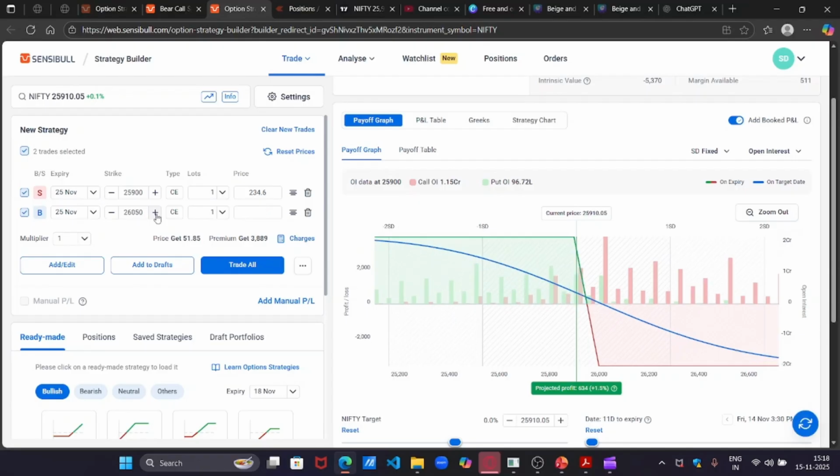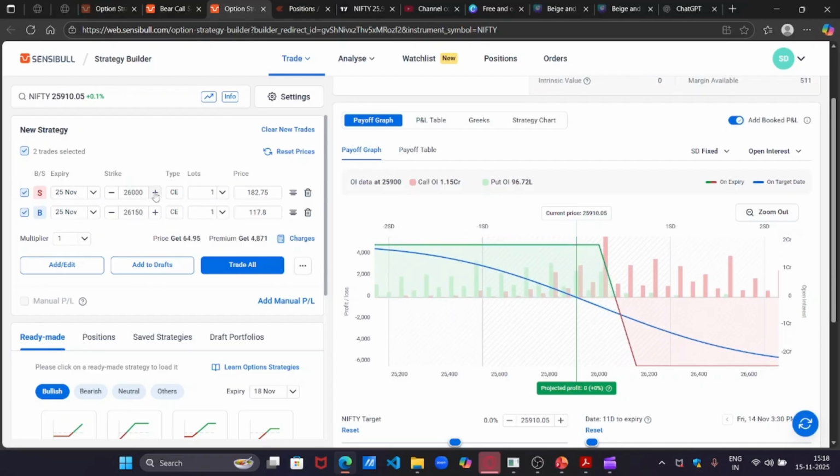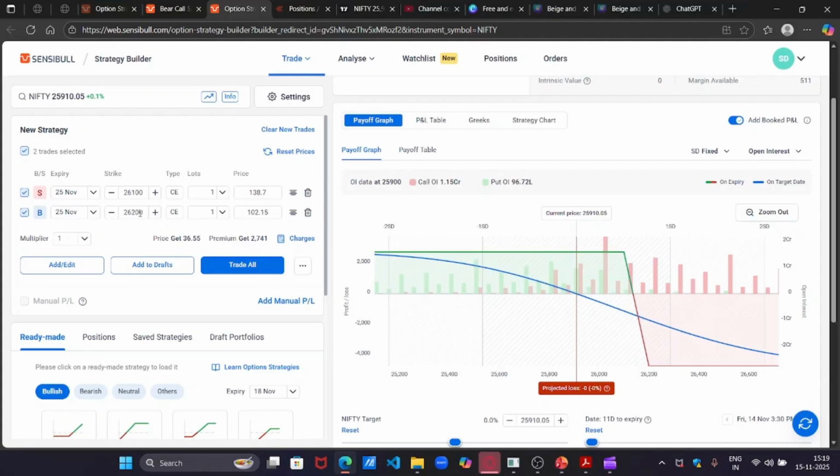You can go up and sell 26,100, and you buy at 26,150, or you can buy at 26,200. In that case, you will make profit if the market closes below 26,100 as well.